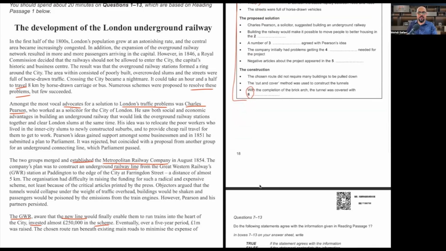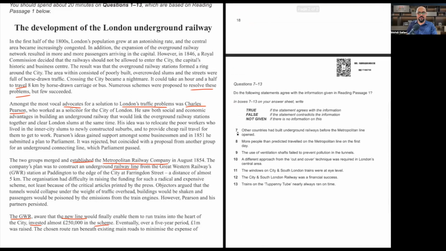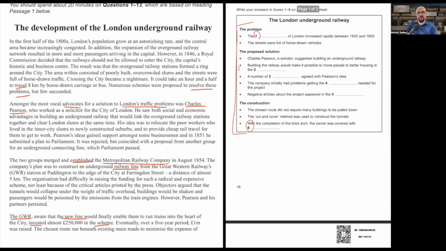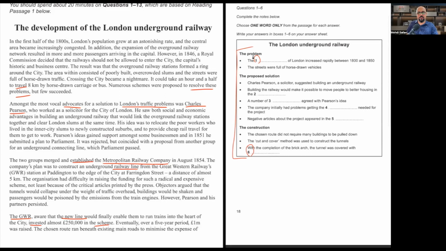Why? Because we have more questions coming up, from 7 to 13. And usually these numbers can tell us where the answers can be found. Again, I repeat, this is not guaranteed, but it's more likely that you see answers to questions 1 to 6 in the first paragraphs of the text.